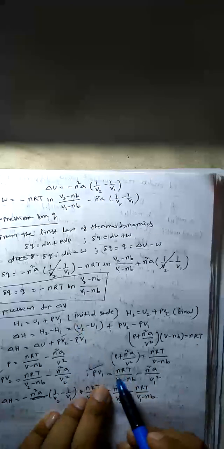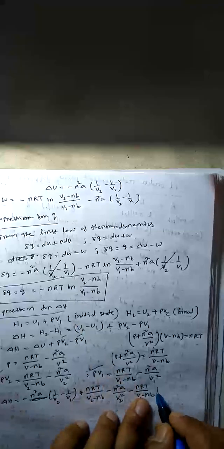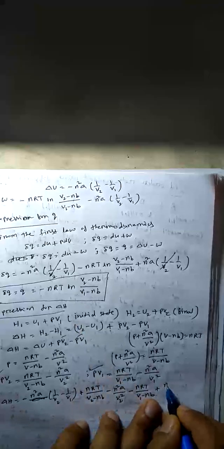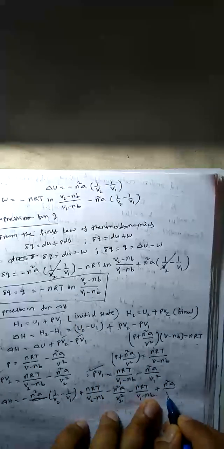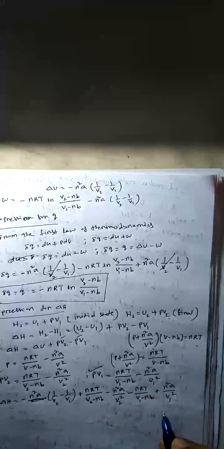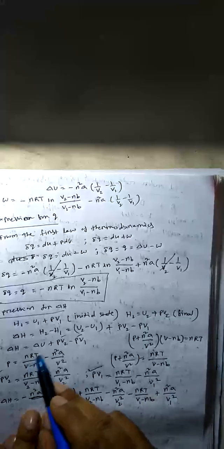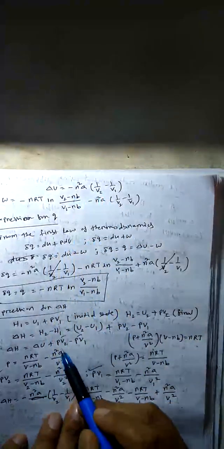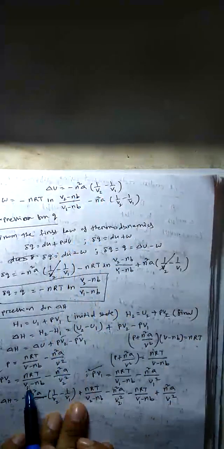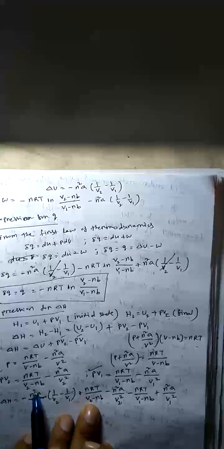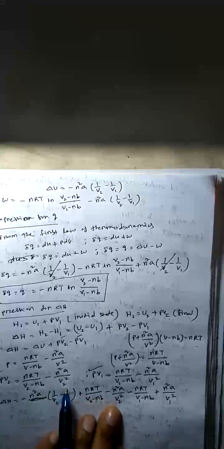PV2 minus PV1, minus plus n square a by V1 square, because PV here is delta U. Delta H is equal to delta U, I put this value of delta U here, minus n square a times 1 by V2 minus 1 by V1. Then PV2 is this one, nRT by V2 minus nb, minus n square a by V2 square.